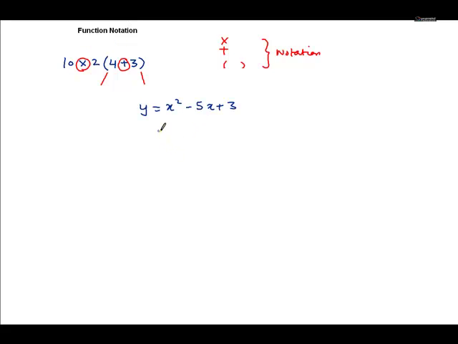Suppose you have the quadratic equation y is equal to x square minus 5x plus 3. Let us check whether this is a function or not. Here x on the right side is the independent variable, and for every independent variable on the right side there has to be only one dependent variable, which is y here. When you put x equal to 1, you get only one y, which is minus 1.